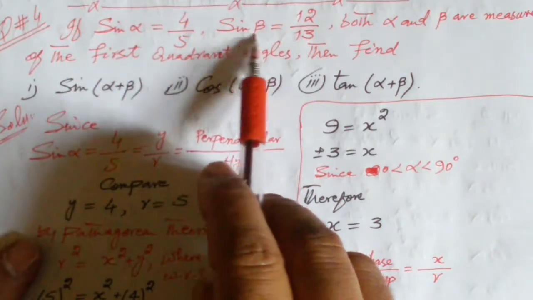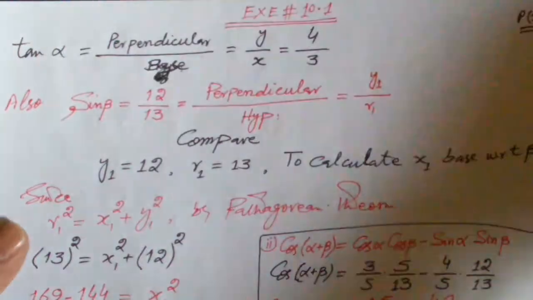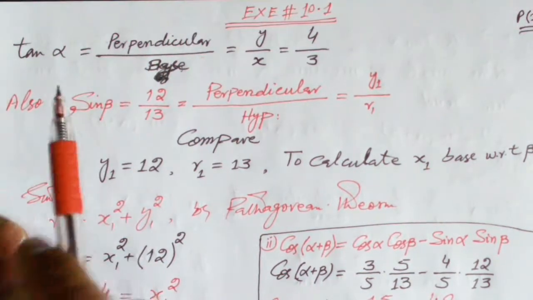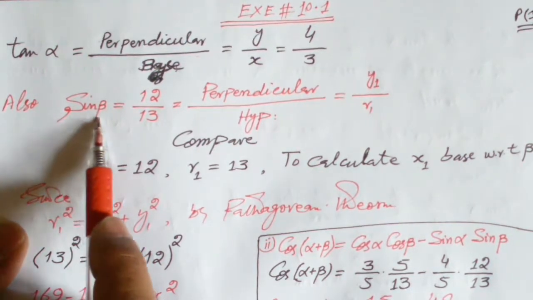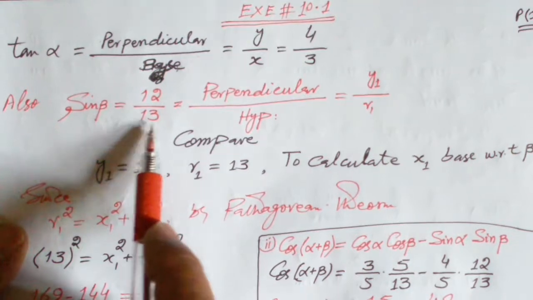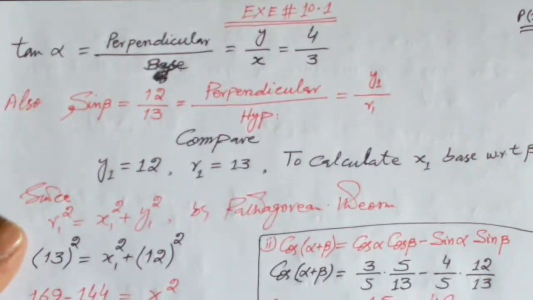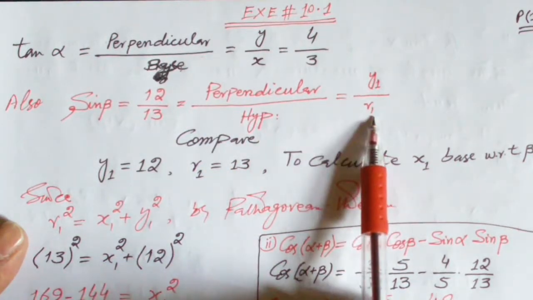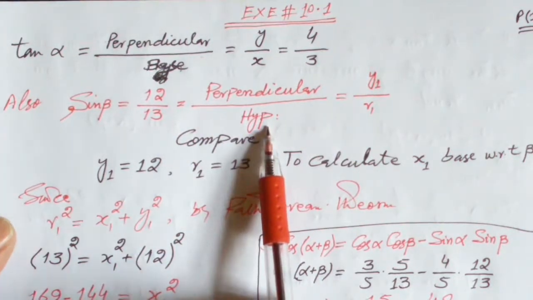Now sin of beta is equal to 12 divided by 13. Further to calculate with the other remaining quantity from this data, sin beta is equal to 12 divided by 13, with respect to the function sin, y1 divided by r1. y1 will be perpendicular and r1 will be the hypotenuse.